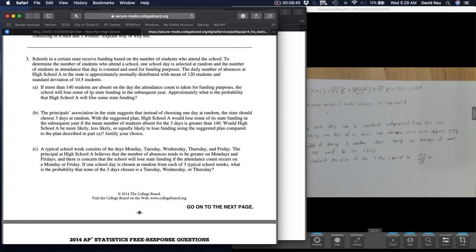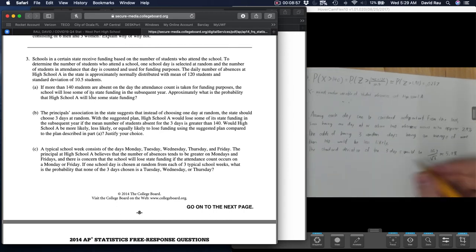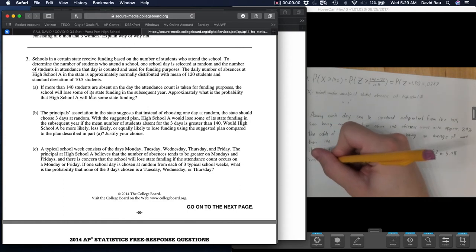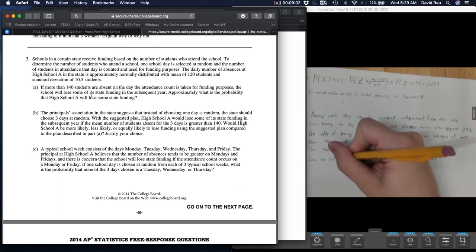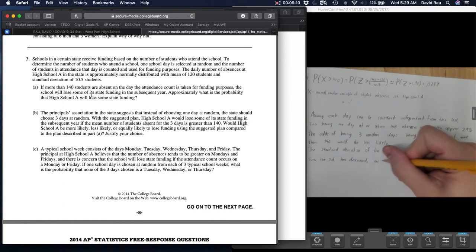I think this is the better way to answer the question, though it might be a little off. Since the standard deviation is decreased, achieving that rare result becomes less likely.